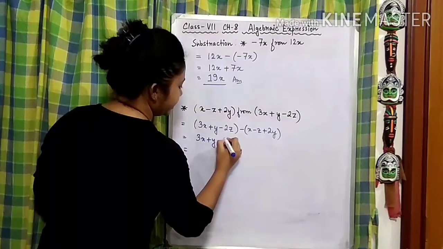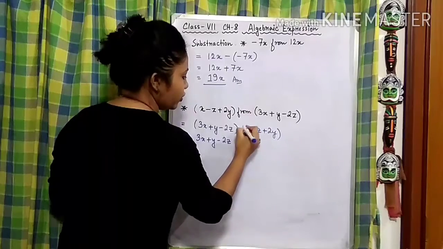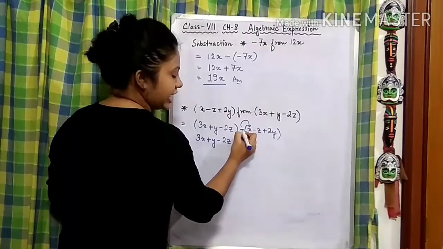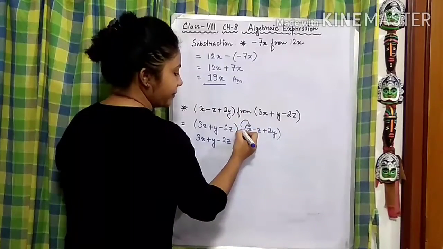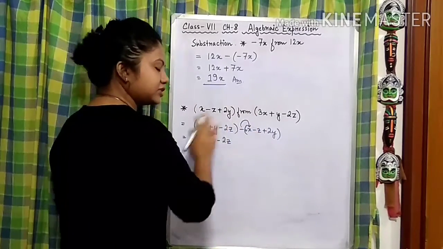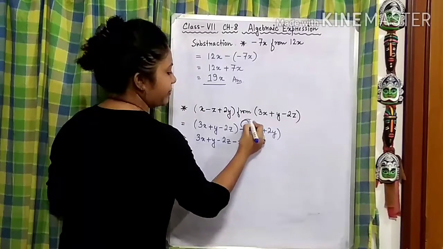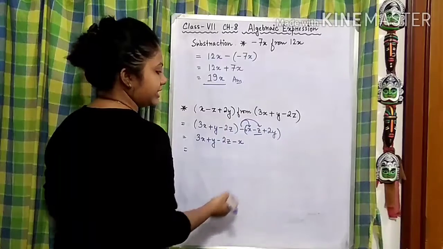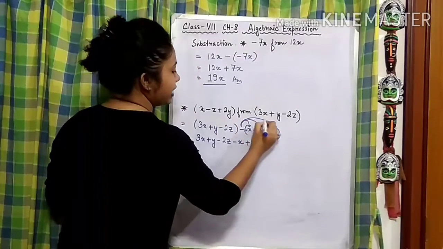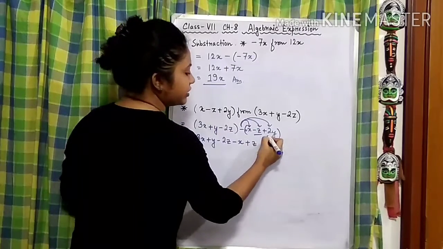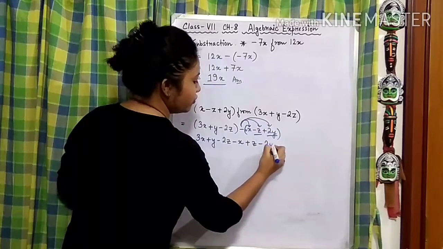First we write the first expression as it is. For the second expression, we interact the minus sign with each term. Minus with plus x gives minus x. Minus with minus z gives plus z. Then with the last term, minus with plus 2y gives minus 2y.